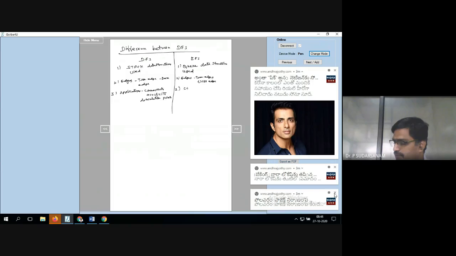Here also the same thing: connectivity, acyclicity, minimum edge points. Next, efficiency for the adjacency matrix.